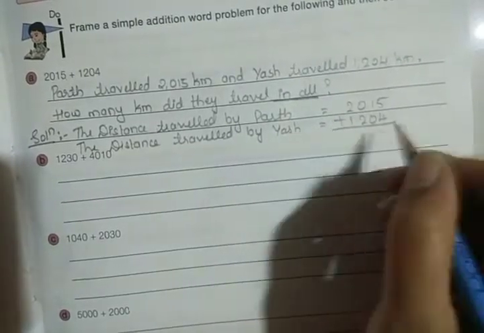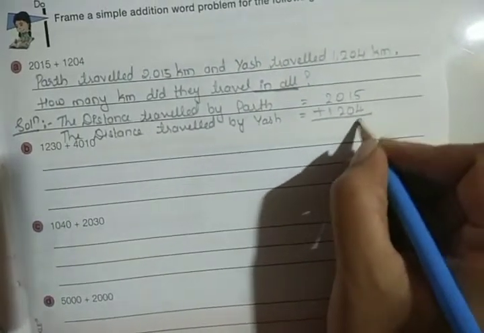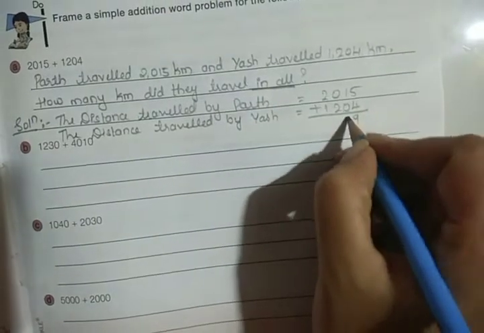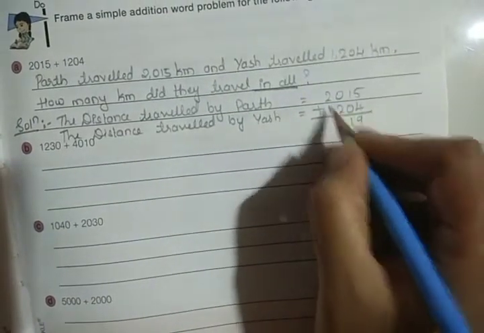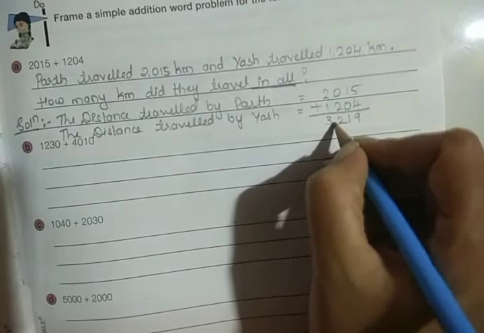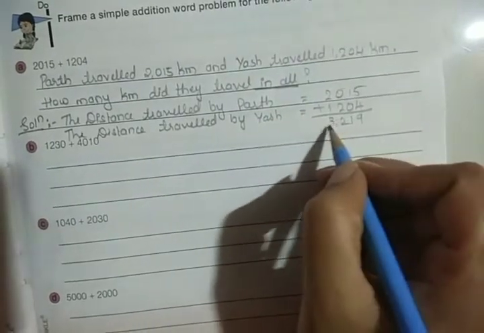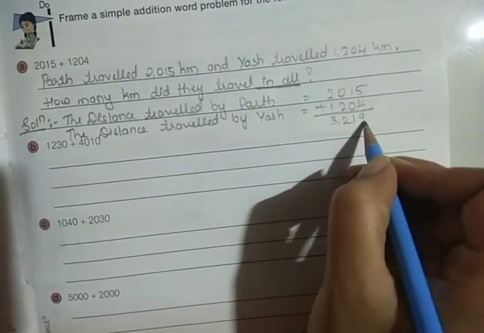Add the numbers and get the answer. 5 plus 4 is 9, 1 plus 0 is 1, 0 plus 2 is 2, 2 plus 1 is 3. So in total they have traveled 3219.